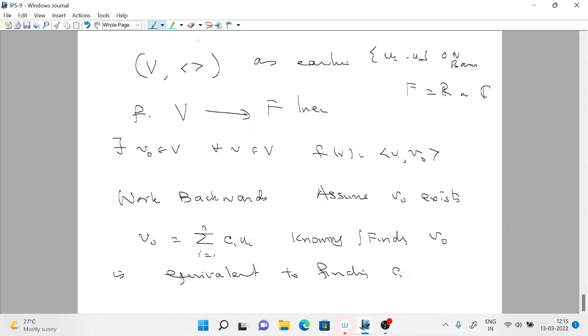So let us go slow. Now we want to find the Ci, right, that we know how to do. To find that, what we need is this thing.